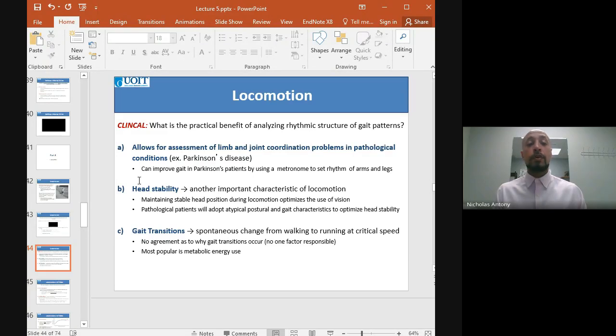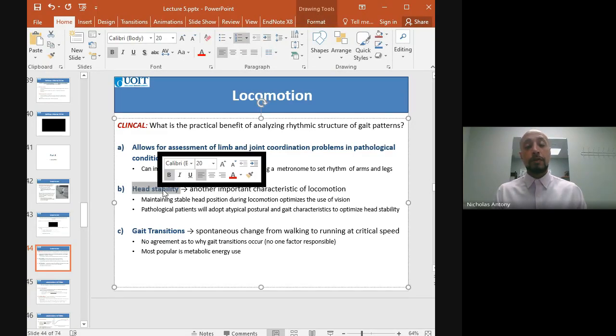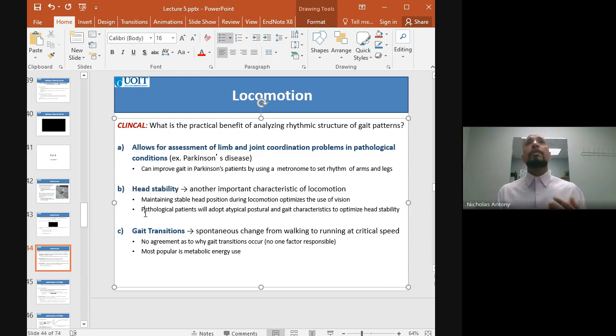And I mentioned this part already, that walking is important to be able to see where you're going. Pathological patients can adopt an inefficient moving pattern if it means that their head will stay level, because you need to be able to see where you're going primarily.